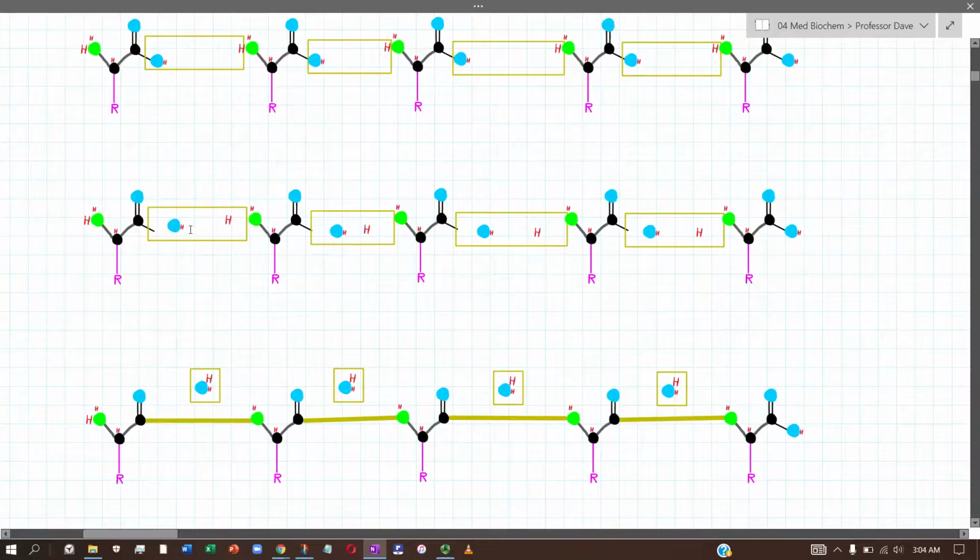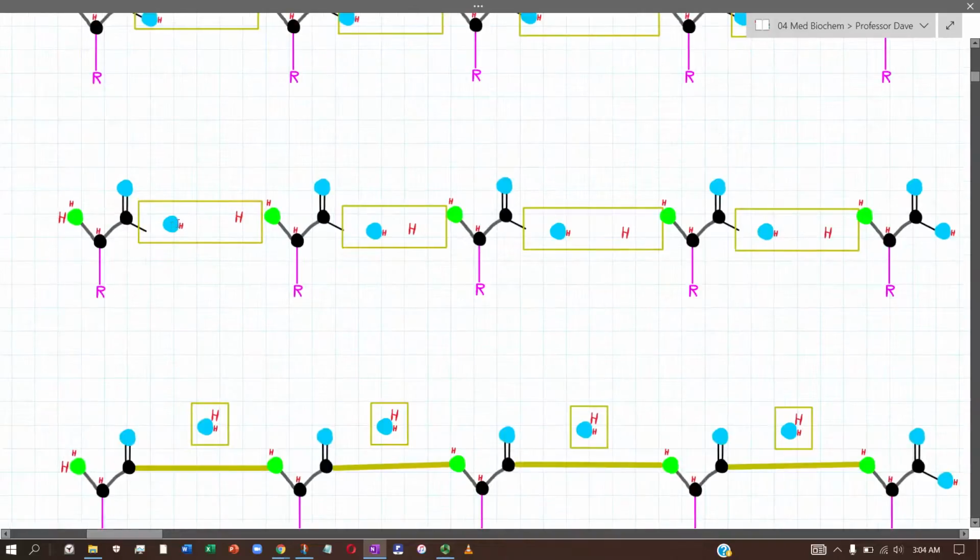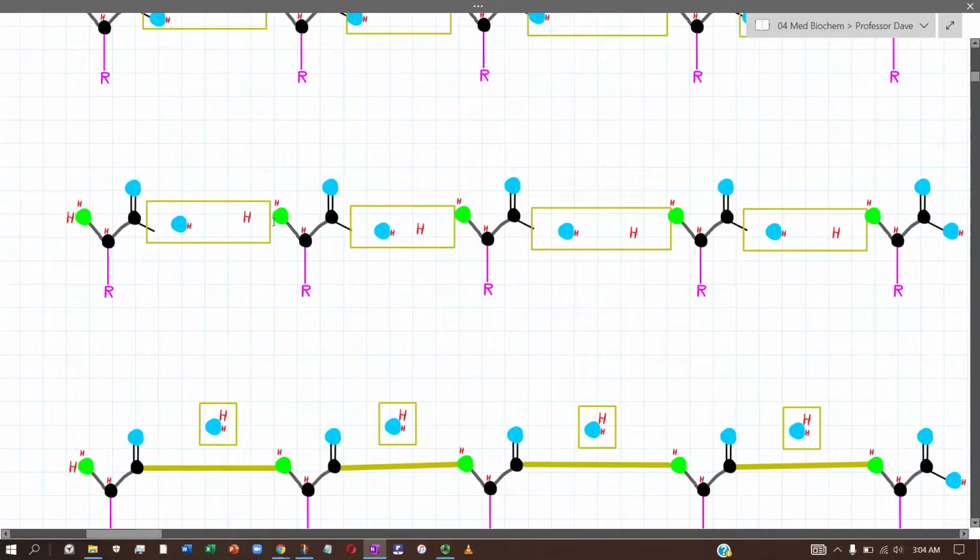So conceptually, that oxygen and that hydrogen can become dissociated from this amino acid and from the adjacent amino acid. One of the hydrogens on the nitrogen gets dissociated.